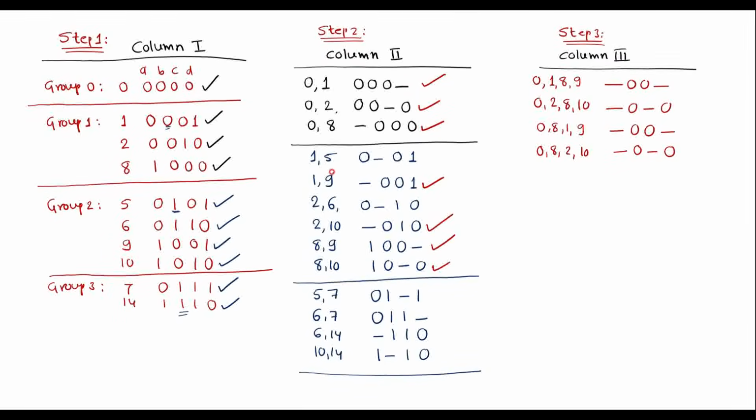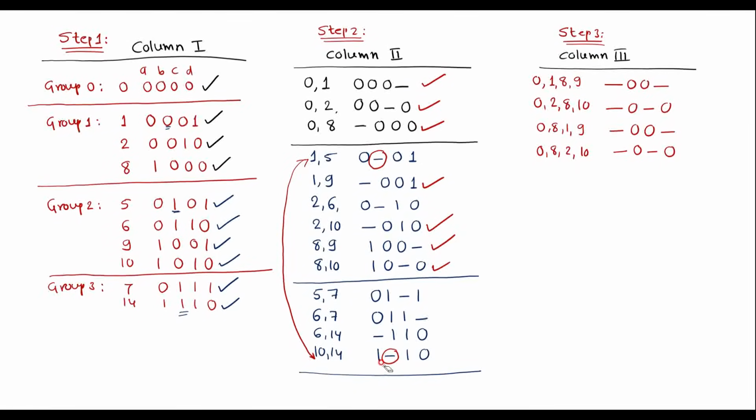Now I will try to compare 1, 5 with the next group. In 1, 5 we can find that the second bit is dash. I will compare 1, 5 with 10, 14. The first bit differs by 1 bit, that is dash, and again there is 1 more differing bit, so we will ignore this.